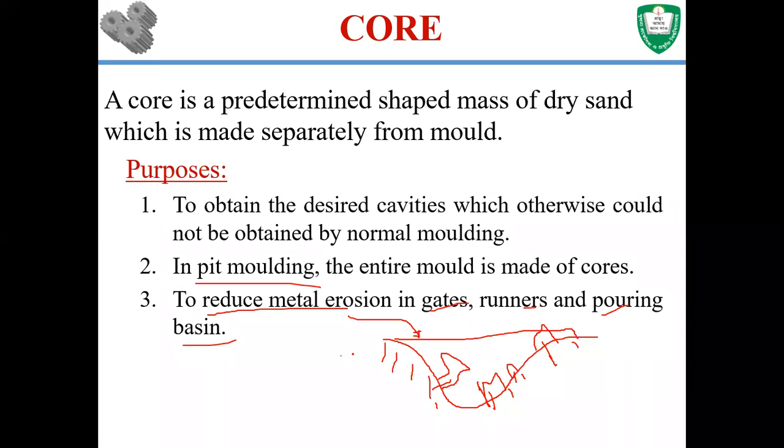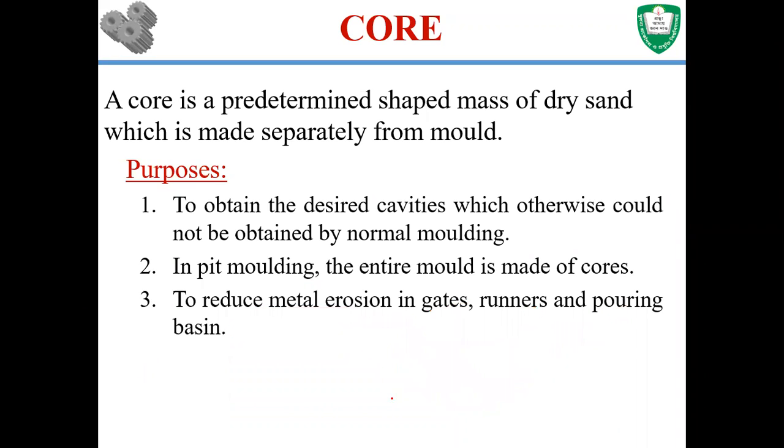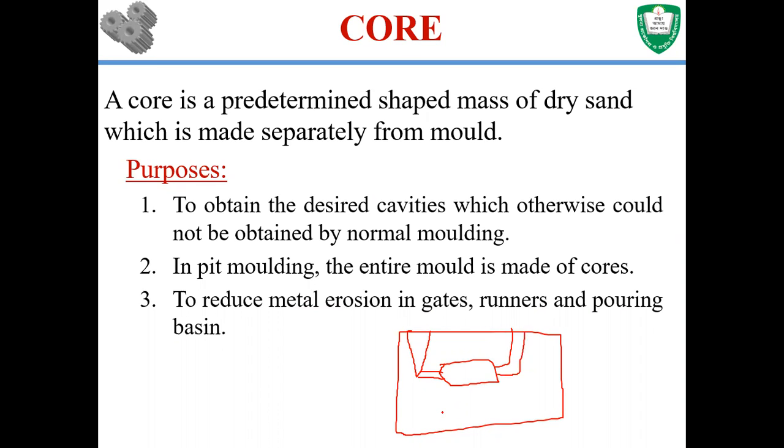This is also important. For example, you have a cavity in here. Let's say this is a cavity, and this is the mold or flask. You have a pouring basin in here, and there is a runner and gate in here, and there is a riser in here, then you pour the molten material through this.